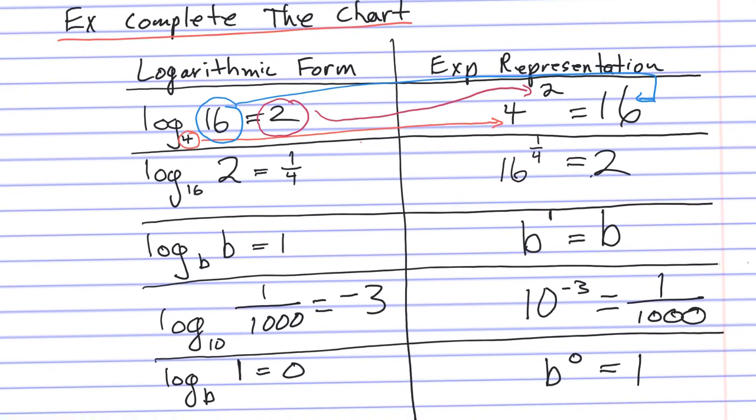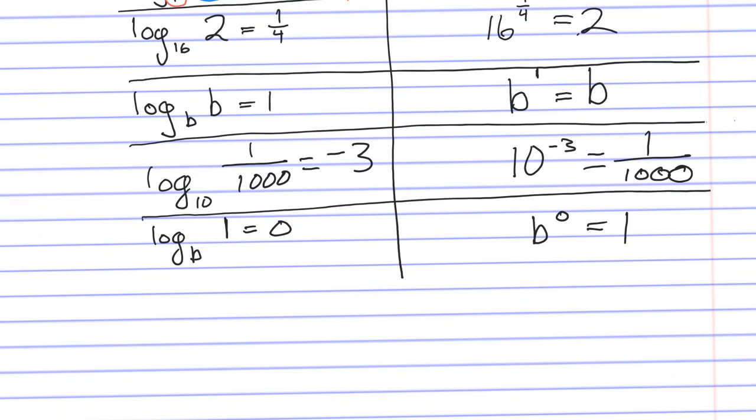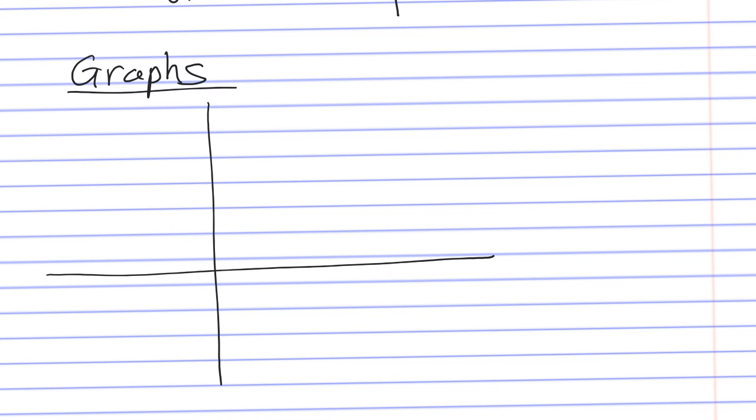So here are the graphs of what these things look like. If I drew a basic graph like so, I showed you that the exponential looks like this, and this was y is equal to b raised to the x.